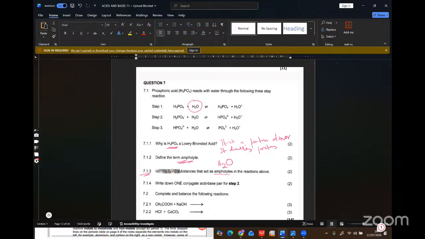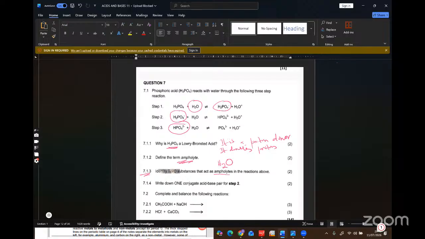Water is always an ampholyte if you see it. Then any other substance that has hydrogen and a negative charge is also an ampholyte. So this is an ampholyte, which is the same thing as this one. And then even this one is also an ampholyte.